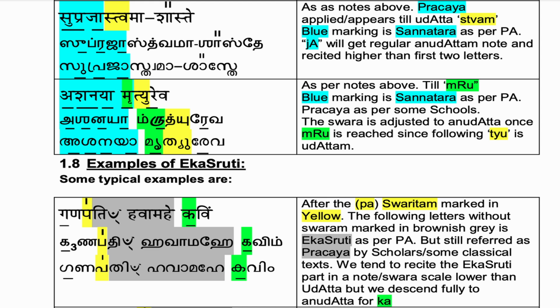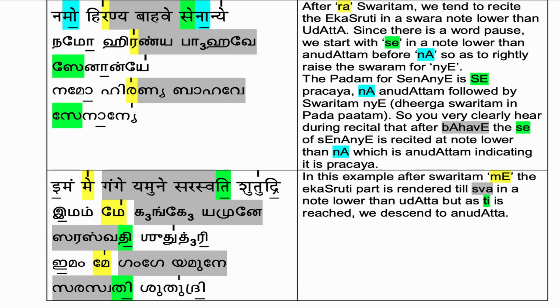Another question that he raised was very interesting. While learning Rudram, we say Namo Hiranya Bhagave Senanye. After Ra, the Ra is Swaritam, and Inya Bhagave are all unmarked, right? This is similar to Gum Havamahe in the Ganapati mantra, where there is no marking.